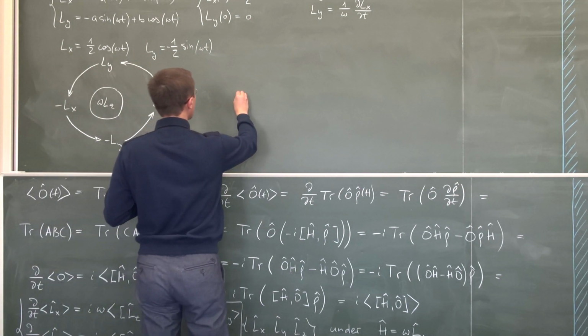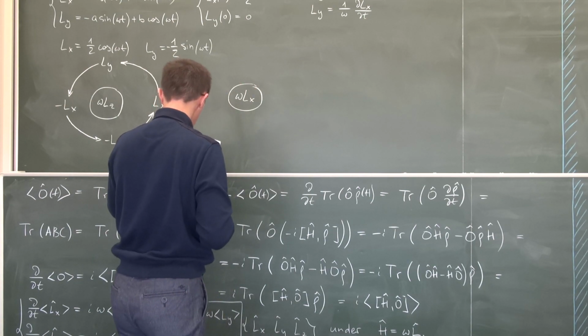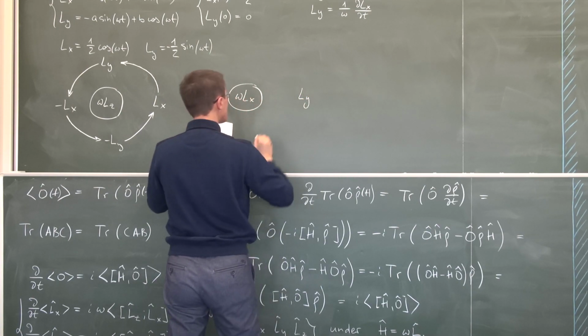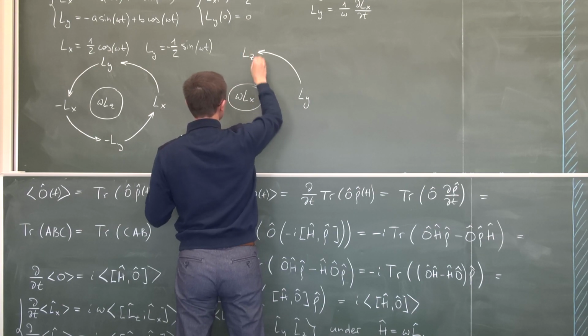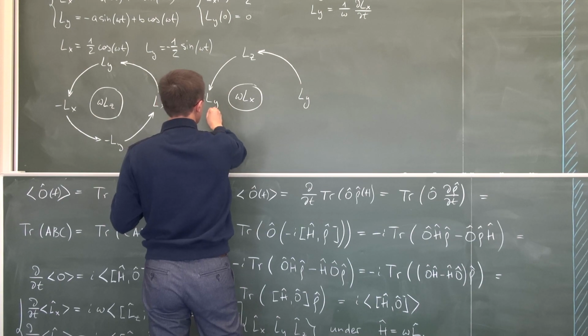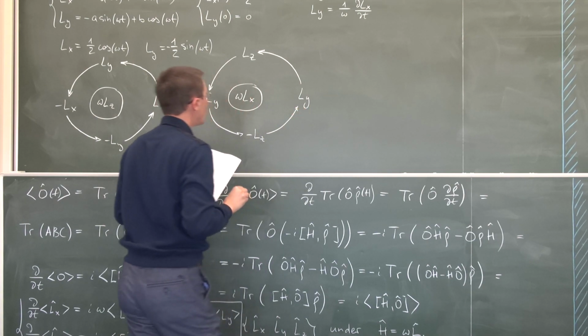So under omega Lx, we would correspondingly have, if we start our dynamics in Ly and go through the mathematics, we would notice that Ly would rotate into Lz, and then onwards to minus Ly, and then onwards to minus Lz, and then back into Ly.